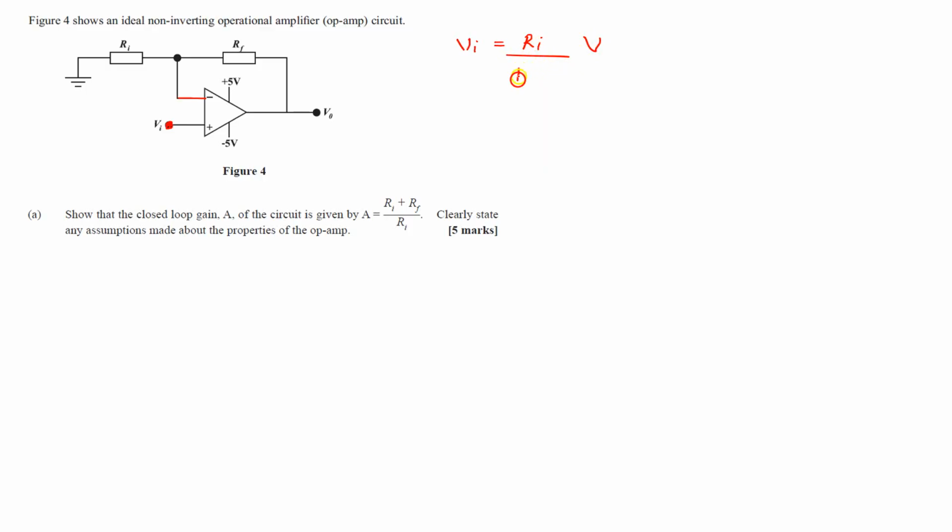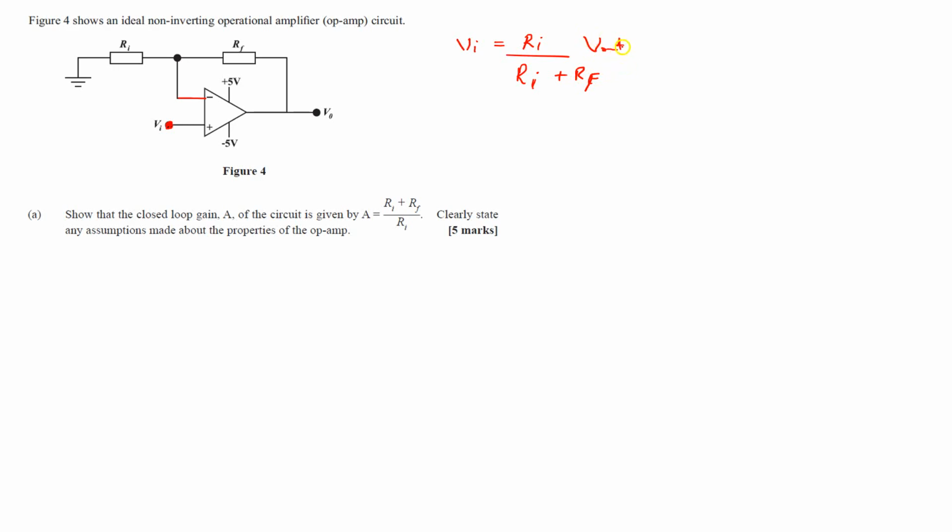divided by the sum of the resistances. In this case, we have two resistances here: RI and RF. RF, guys, is your feedback resistor. And this V right here is essentially going to be your V out.